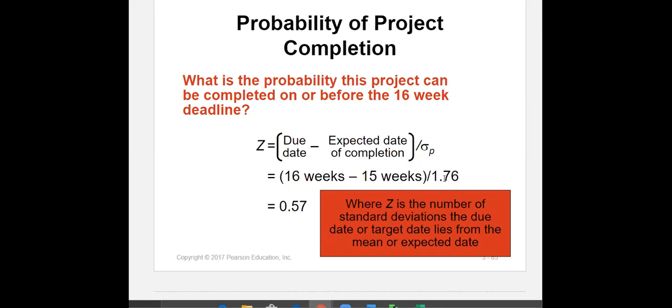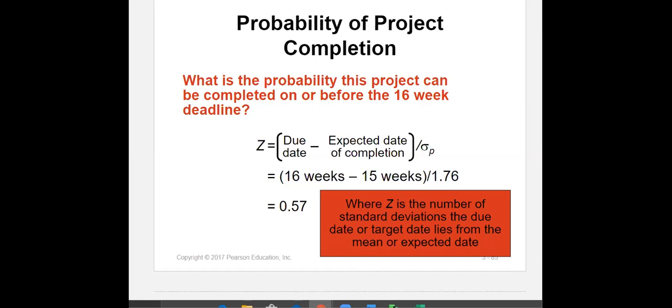You multiply both sides by 1.76 and add 15. So your due date equals, I'm typing it for you and sending it to you right now, z value times sigma, which is standard deviation, plus expected.